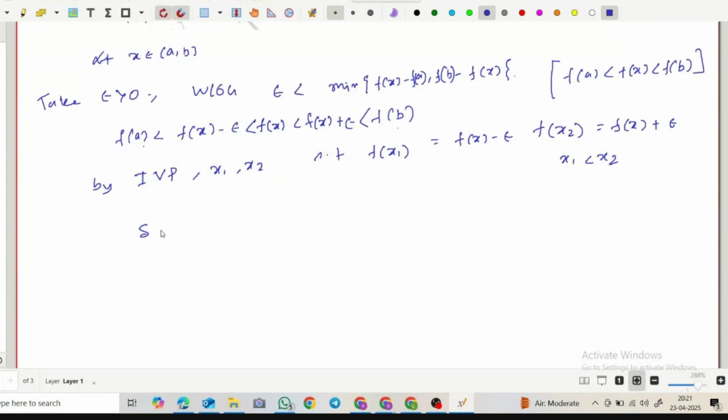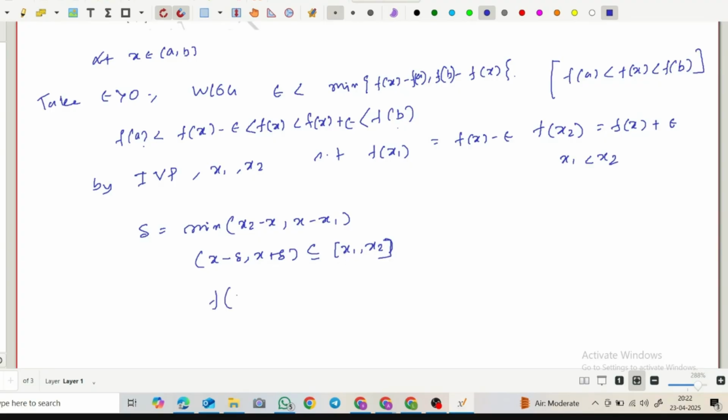Now consider delta to be the minimum of x2 minus x comma x minus x1. So x minus delta comma x plus delta is inside this interval, in fact inside the open interval. So that is enough.